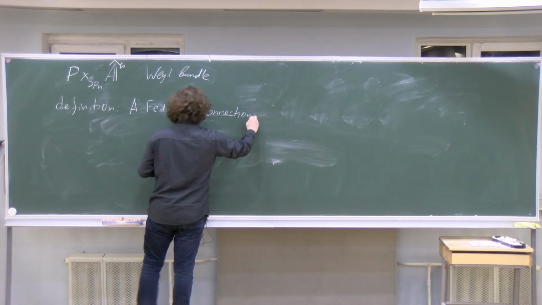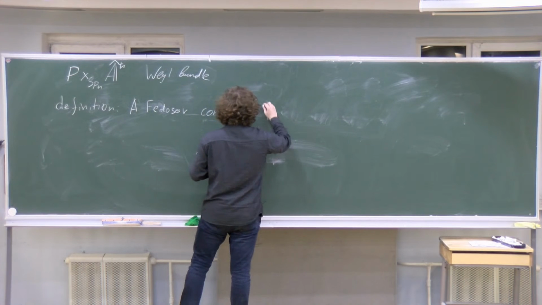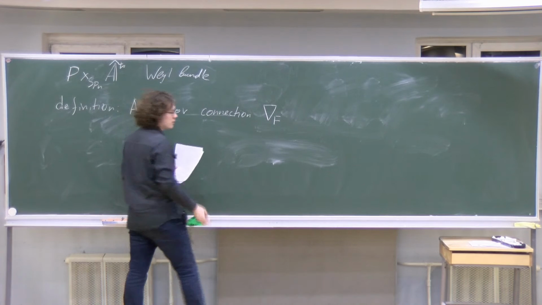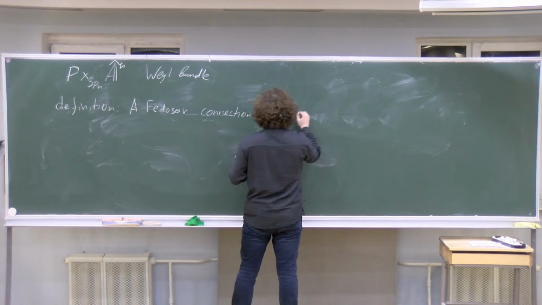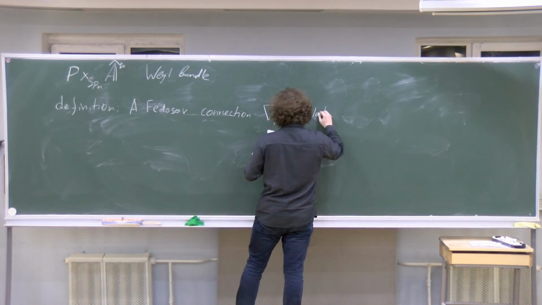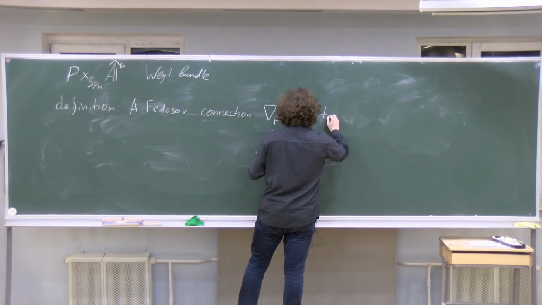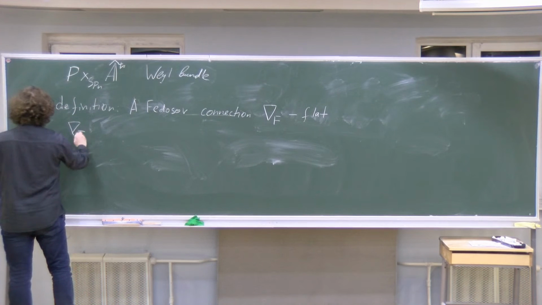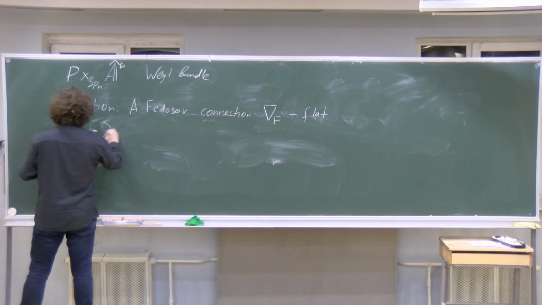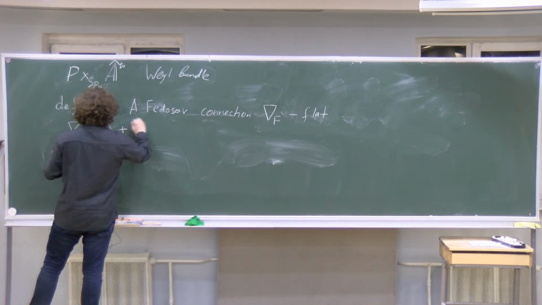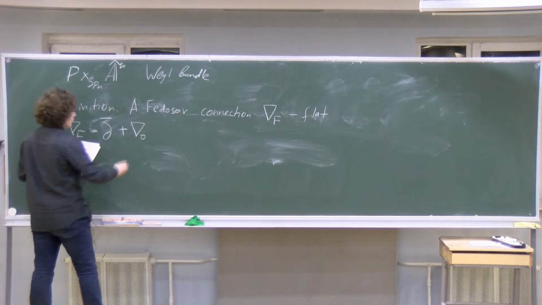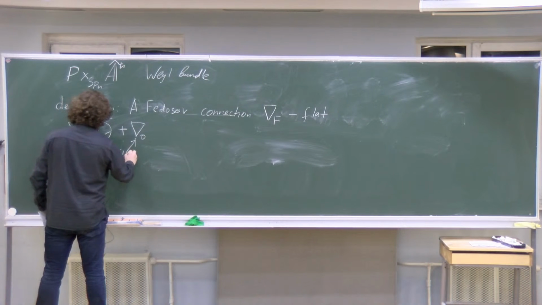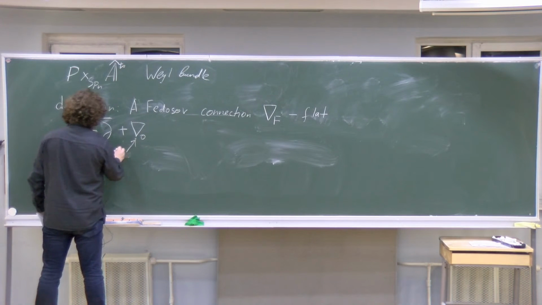Fedosov connection, which is most importantly flat, written this way. So nabla F equals d bar plus nabla 0. This connection comes from tangent bundle.